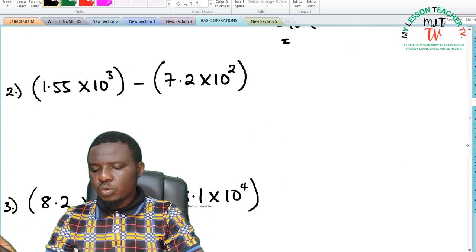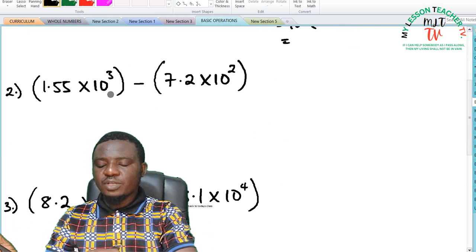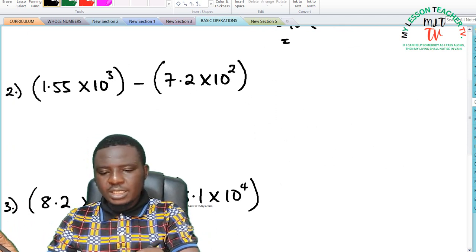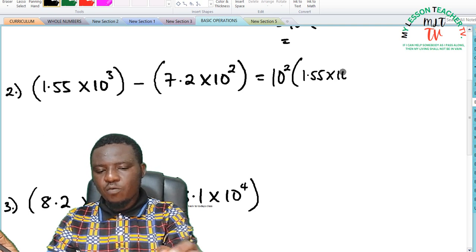Question 2, we have 1.55 times 10 raised to the power of 3 minus 7.2 times 10 raised to the power of 2. Factorizing out 10 squared, you now have 10 squared into 1.55 times 10 raised to the power of 1 minus 7.2.